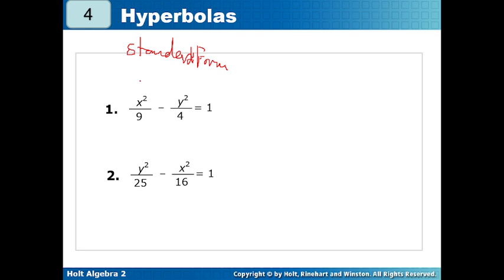All right. So how are you going to identify if your equation is not in standard form? What if your equation is in general form? Okay. So last time, we were able to know how to convert from the general form to the standard form.